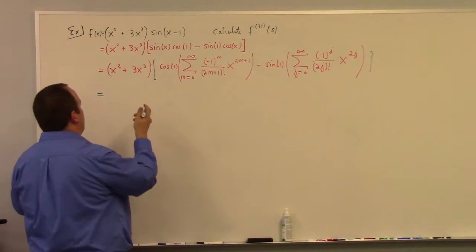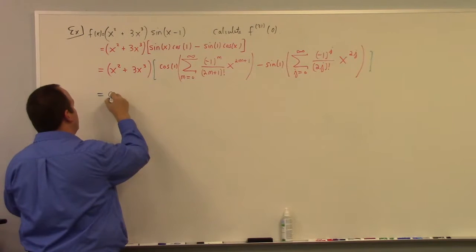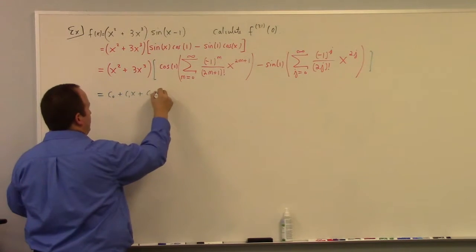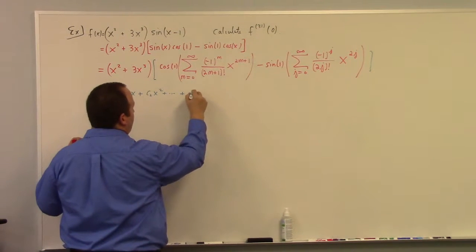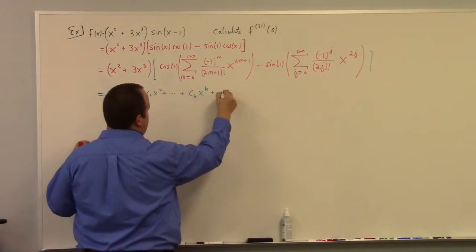You can think about multiplying these out, and you get something like C0 plus C1x plus C2x squared plus dot, dot, dot, plus the kth component, x to the power k, right, plus dot, dot, dot.